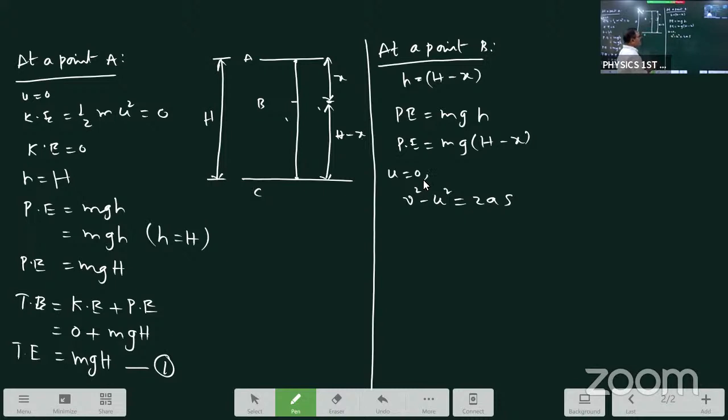The value of a is g, because the body is falling down, so acceleration equals acceleration due to gravity. The value of s is x, because the displacement is x. Applying all these values: v square minus 0 equals 2g x.